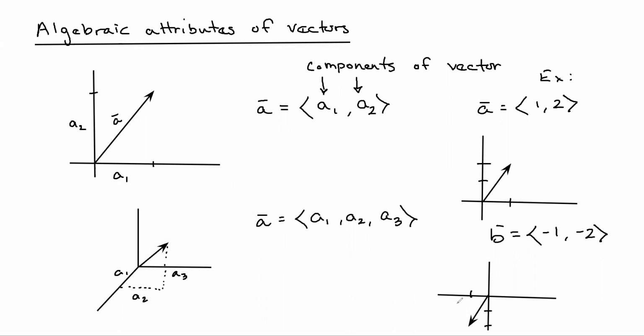Next, what we're going to do is look at adding, subtracting, and scalar multiplication. But before we do that, I almost forgot, we need to talk about length. Okay, so length slash magnitude.